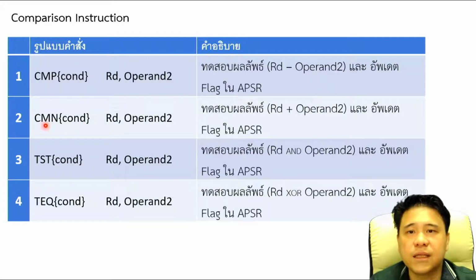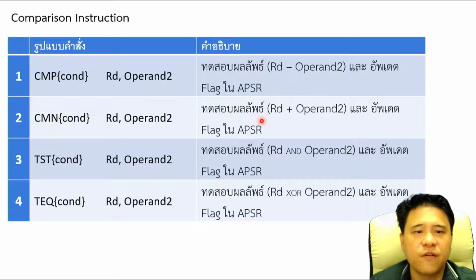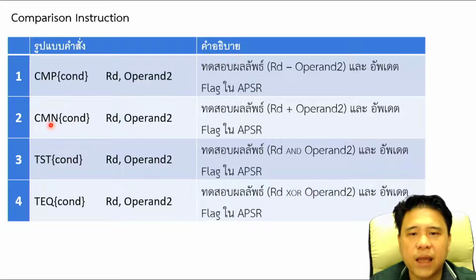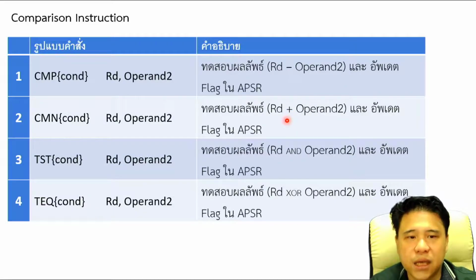The next one is a little bit complex because your command is not CMP anymore, it becomes CMN. For CMN, it means that you compare with the negative number of operand 2. If your operand 2 is negative, then negative with negative becomes positive, or a plus sign here.